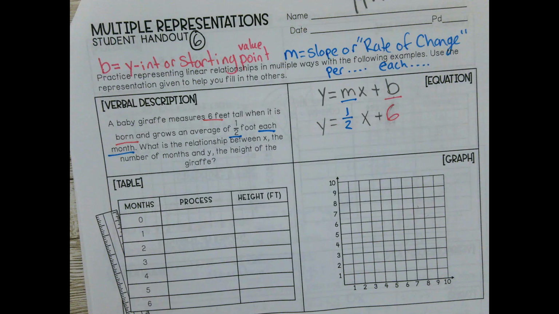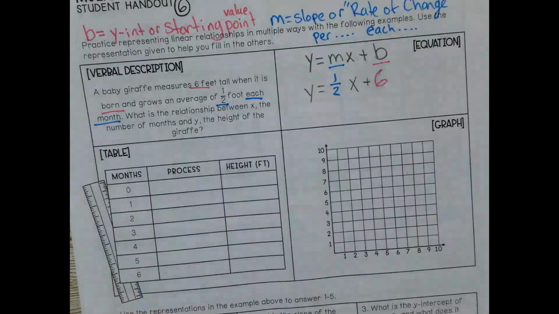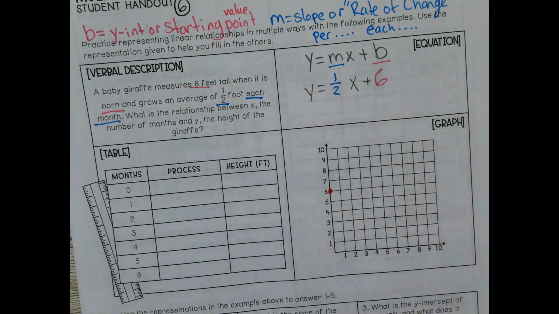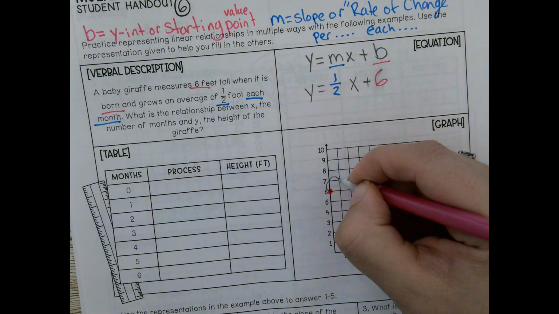Now we have an equation. We can graph it just from here if we needed to. What's my starting point? 6. Put a dot. Slope is what? Up 1 over 2.